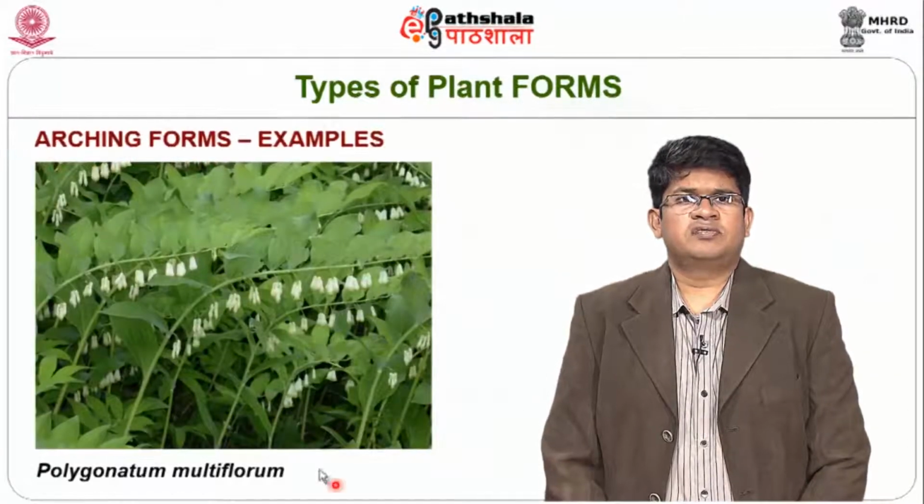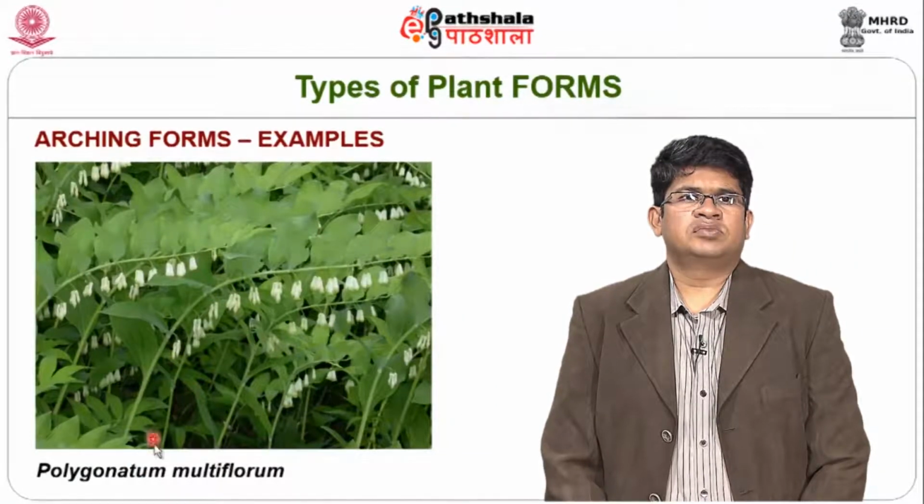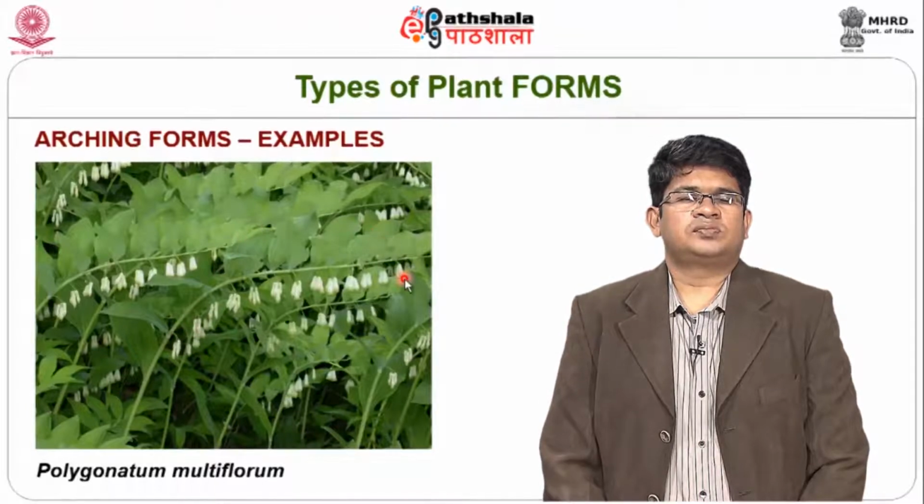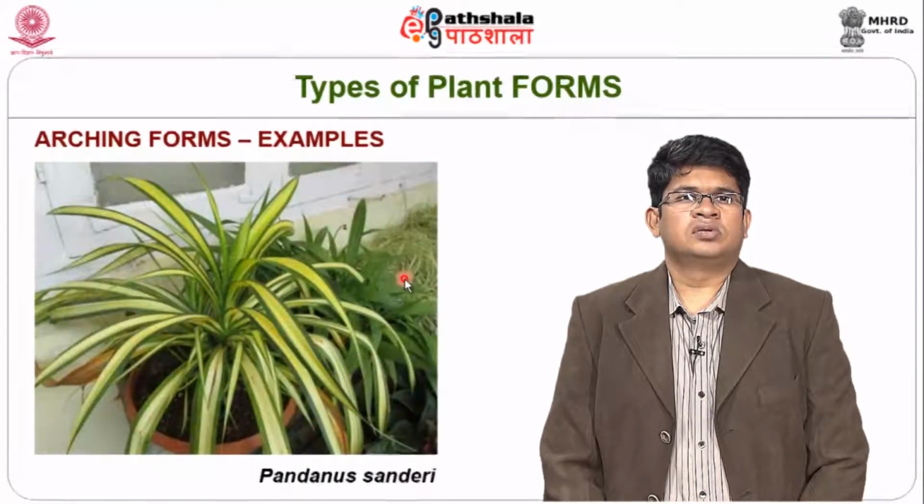So, we can see here some more examples of arching forms, like Polygonum multiflorum. You can see how the initial burst is ascending, and then under its own weight it starts to droop down. And another example that we see here is the Pandanus sanderi, where you see the initial burst and then the arching form.